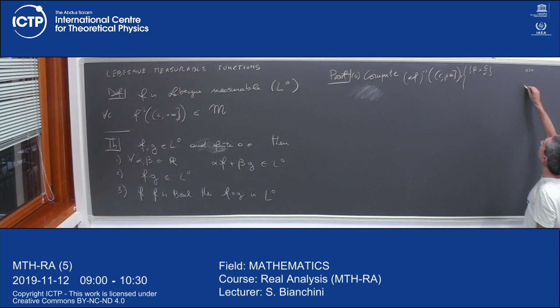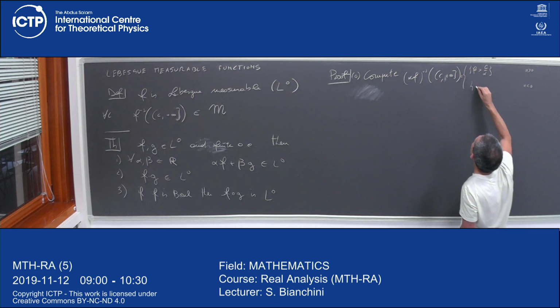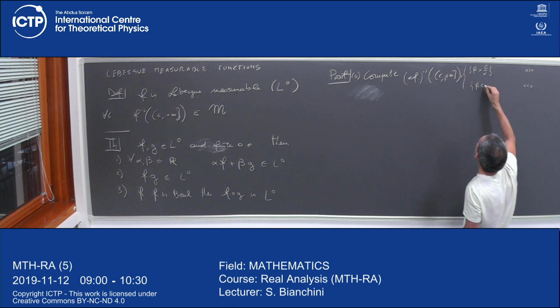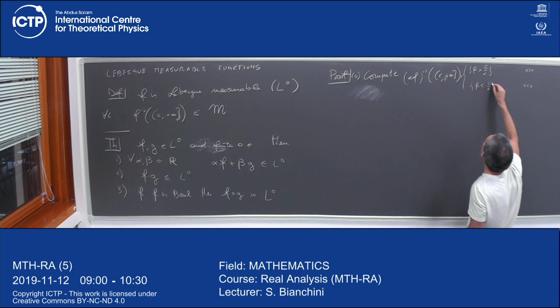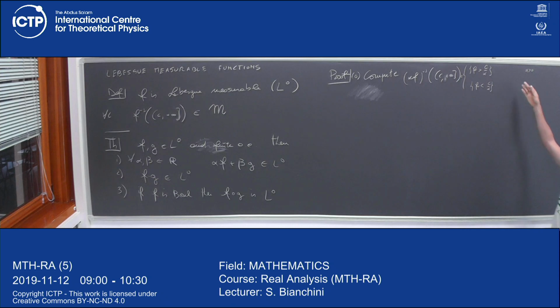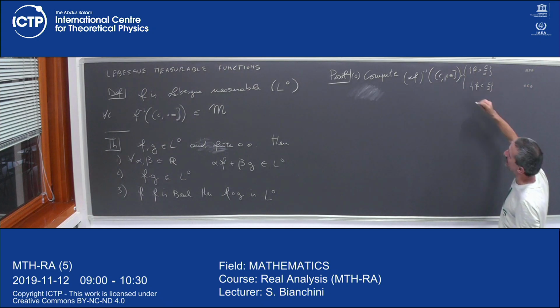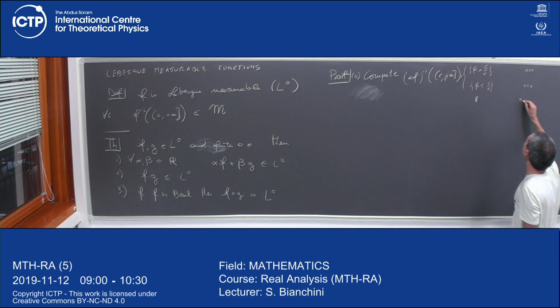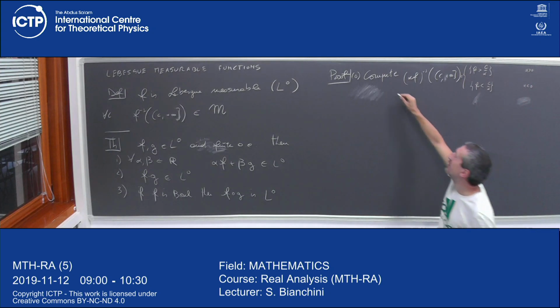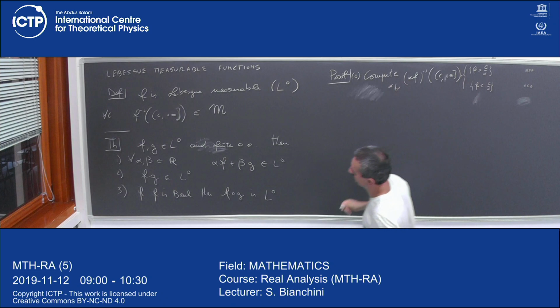And if alpha is negative, then f is less than c over alpha. And if alpha is equal to 0, it doesn't matter, so let's say alpha is different from 0.